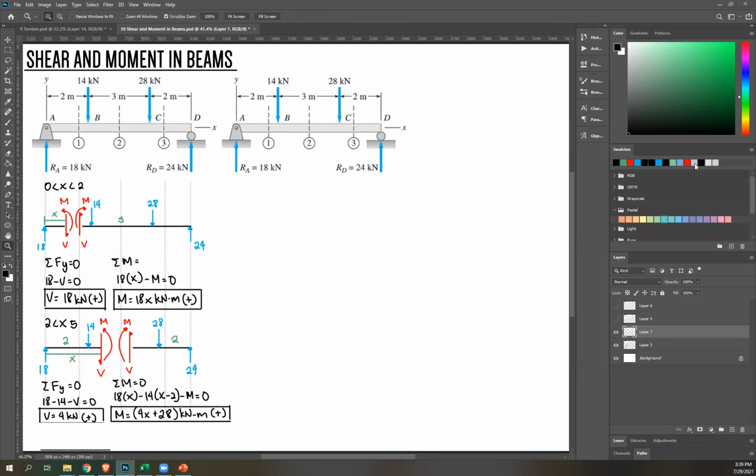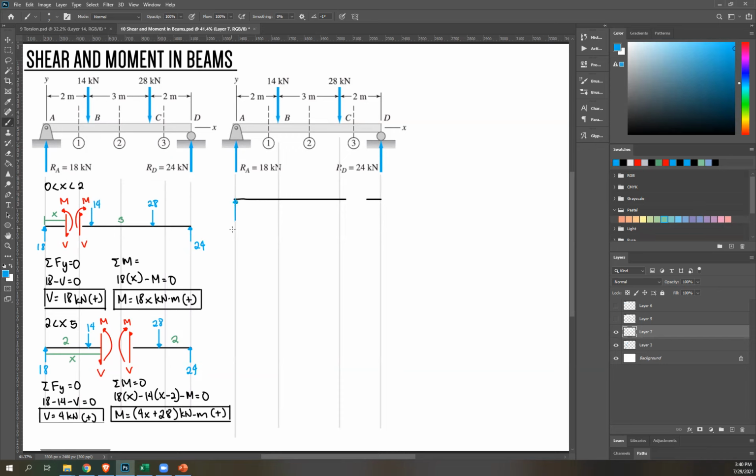Okay. So lastly, create a cut here for segment CD. Okay, CD. So I'm gonna cut here. So yeah.